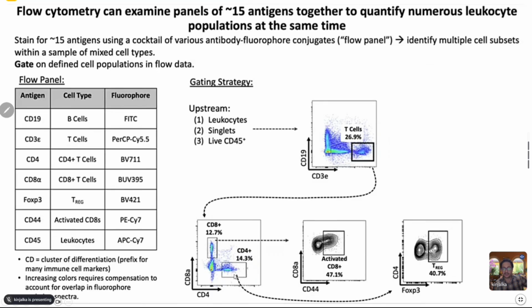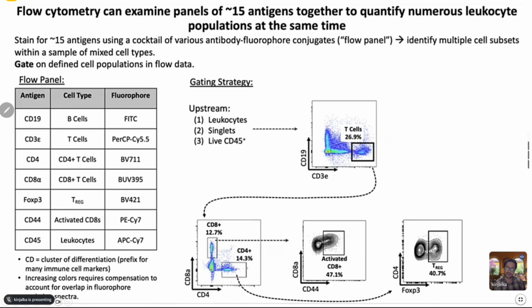Now they also want to see how much of the CD4 cells are Treg cells. So they have compared FOXP3 as an antigen with CD4. These are all helper T cells, and FOXP3 is a known antigen marker for regulatory T cells. They are known as Tregs.